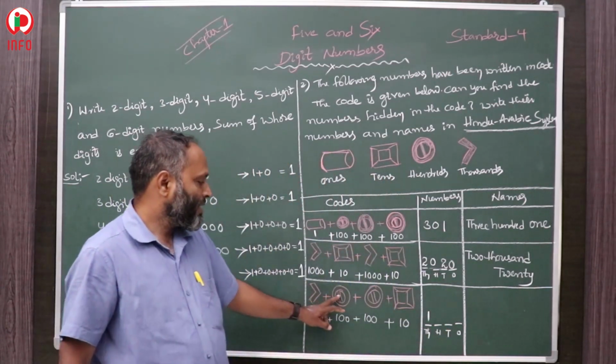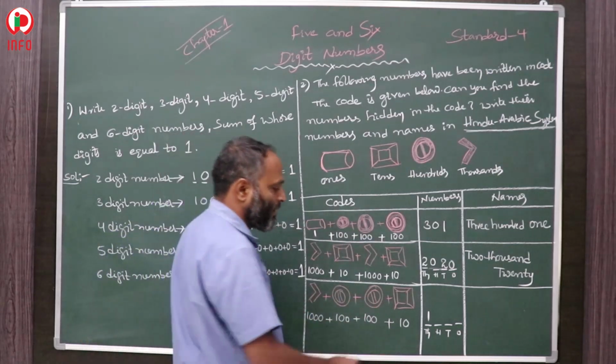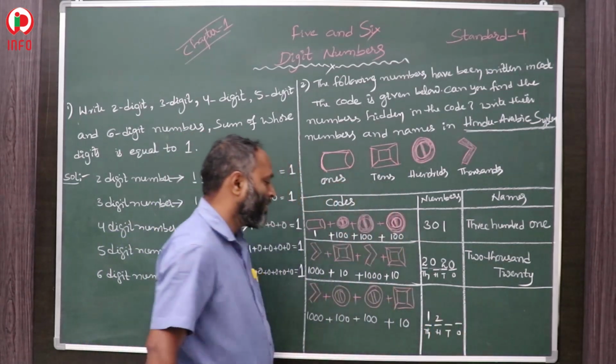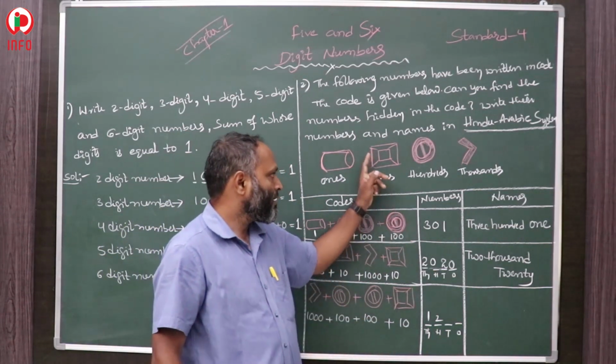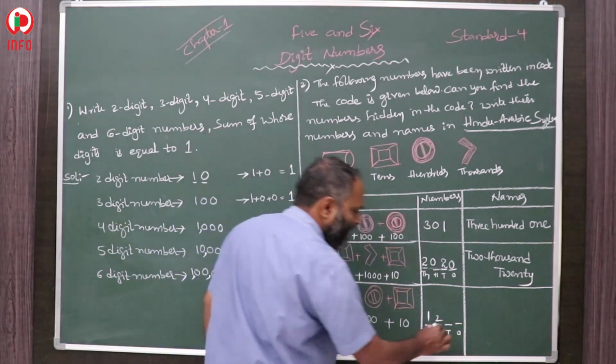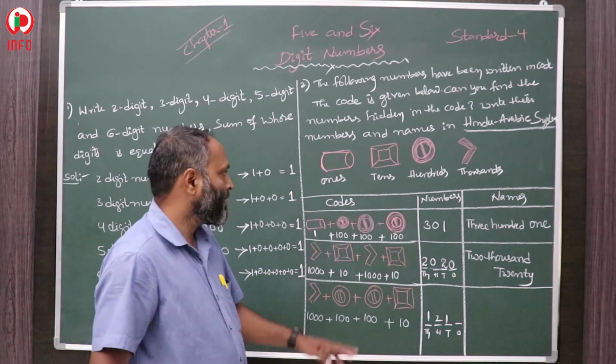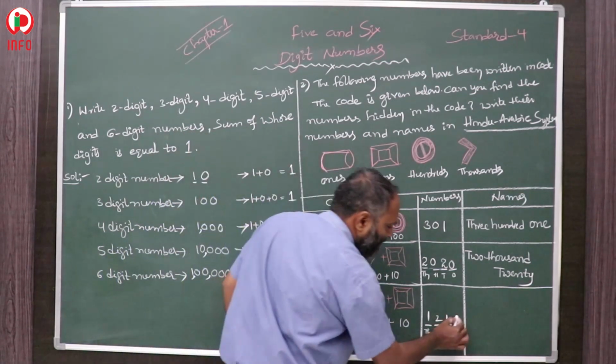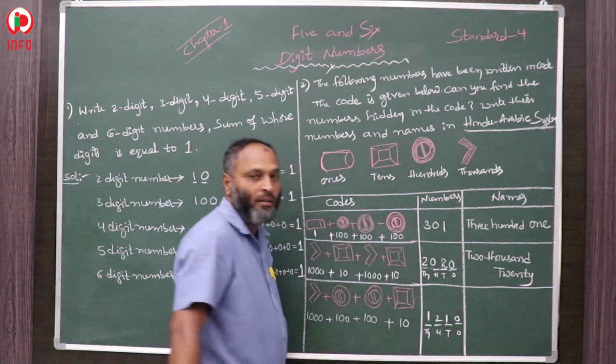How many hundreds are there? 2 circles, means 2 hundreds in the place of 100. How many tens? How many squares? 1 square is there. How many ones? There is no cylinder, so ones is 0.